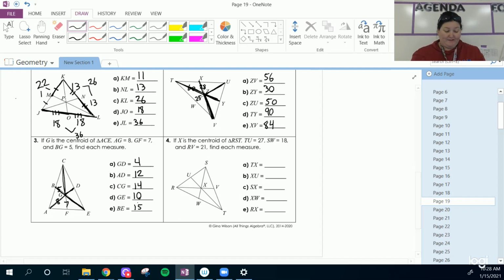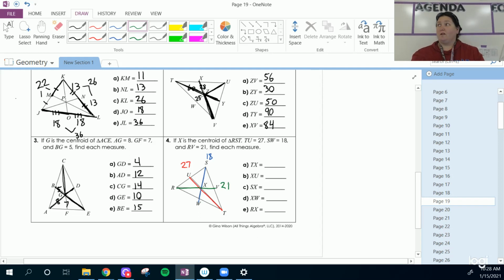Next one says if X is a centroid of triangle RST and TU, so this one they're giving us the whole median on. So this one's going to be a little bit different. So we have 27. SW is this whole one is 18. And RV is 21.